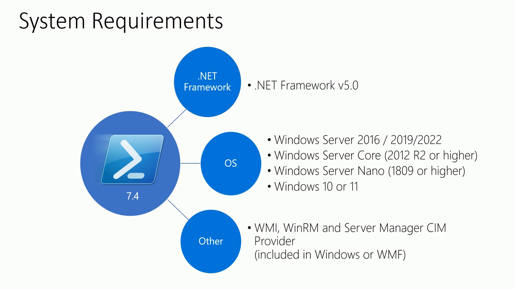And you should have the WMI and WinRM server management provider. Your WMI service and WinRM service should be running on the remote device if you are connecting remotely with PowerShell. So these are the mandatory things.